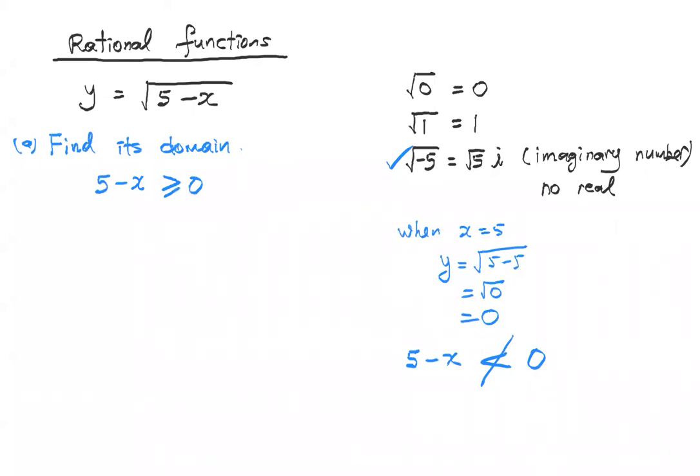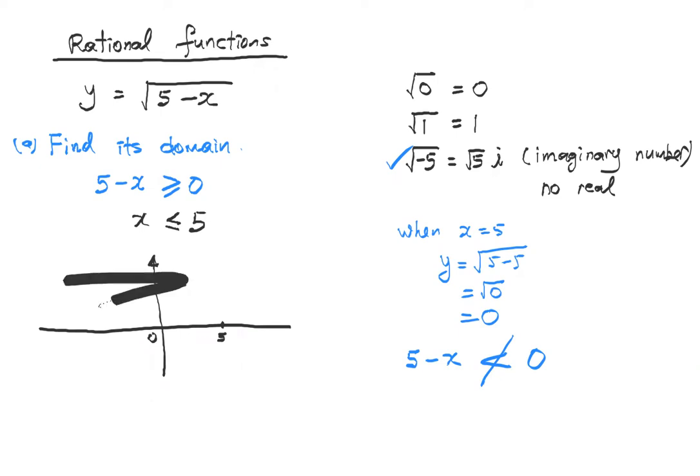So therefore, my x must be smaller than or equal to 5. Am I right? So that means if I have a look at the graph, this is 5. That means the graph only appears here. Am I right? Because this is the domain.